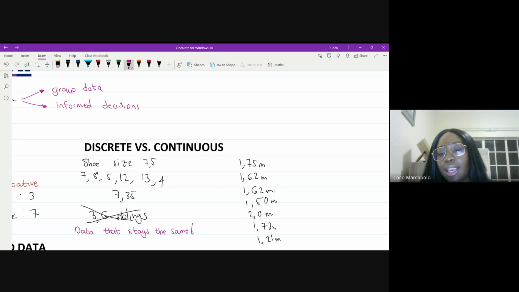It will always be whole numbers, data that does not change, right? Continuous data is varying data. Okay, varying data, it will always be different. Does that help? Okay, excellent. So it would always be data that's different.